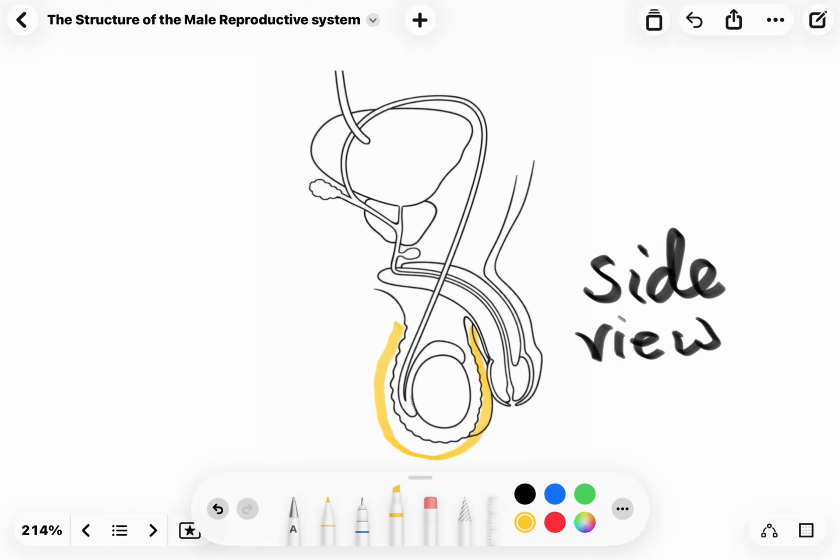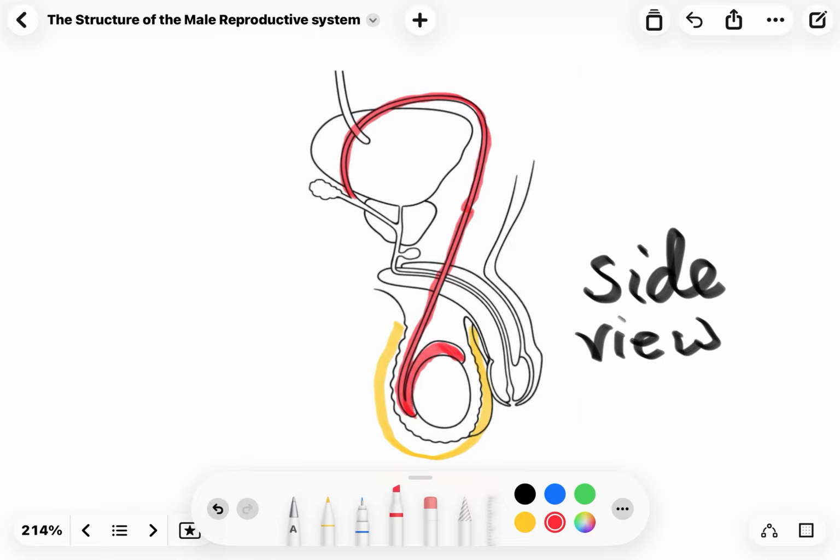In addition, we also have a system of tubes. And this system of tubes can be divided into 4 sections. The first section would be this one. The second section would be this one, the one that goes up, joins with the first one, and then goes up, and then comes down like this.